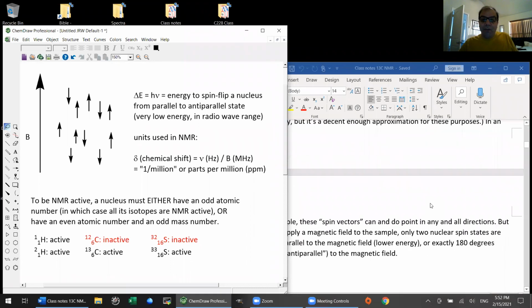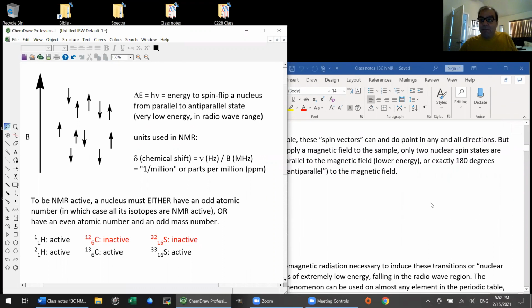And when you've got a sample of some compound, all of these nuclei and their spin vectors, if you will, are pointing every which way until we apply an external magnetic field to it. It's been a hot century since I've taken physics, but if I recall right, the symbol for a magnetic field is B.